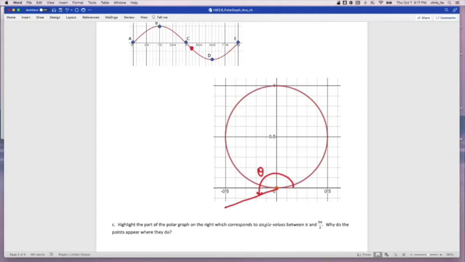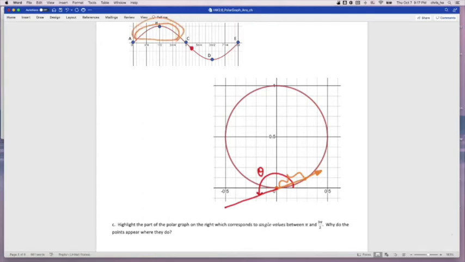Let me use a different color just to indicate. That means I need to be tracing in the opposite direction because it's a negative r for some distance. And if you trace it out, this is the distance. So what happens is that it actually maps right back into the same set of points as in this region.